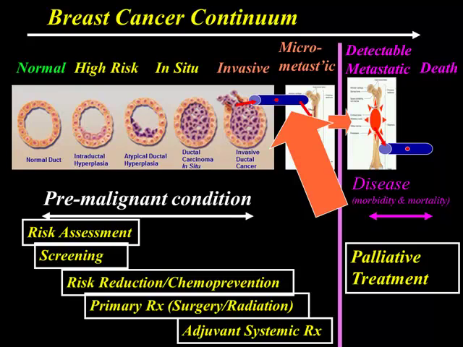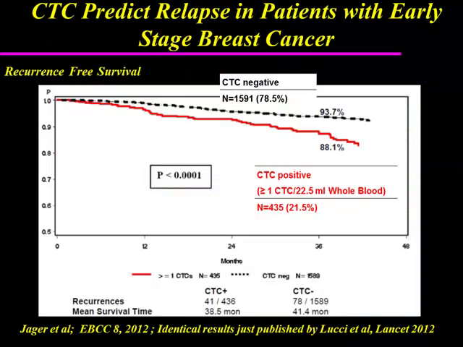The second issue is whether or not these could be used for prognosis in early stage disease. This is a graph from the SUCCESS trial run in Germany, and data almost identical to this were just published out of MD Anderson by Lucci and colleagues in The Lancet within the last few months. And they show that patients who have one cell out of about 22 mLs, so a lower cutoff and a larger volume, do have a worse prognosis than those patients who didn't.